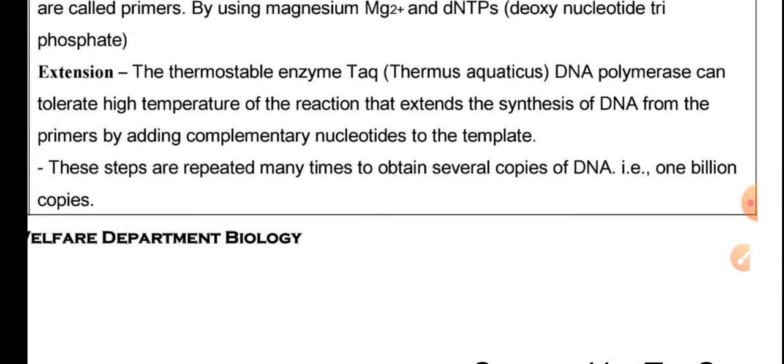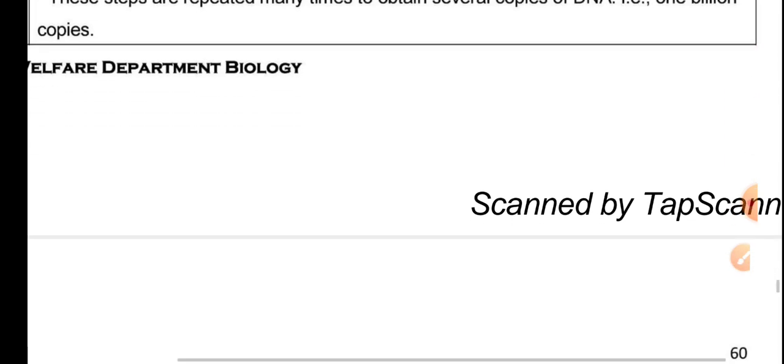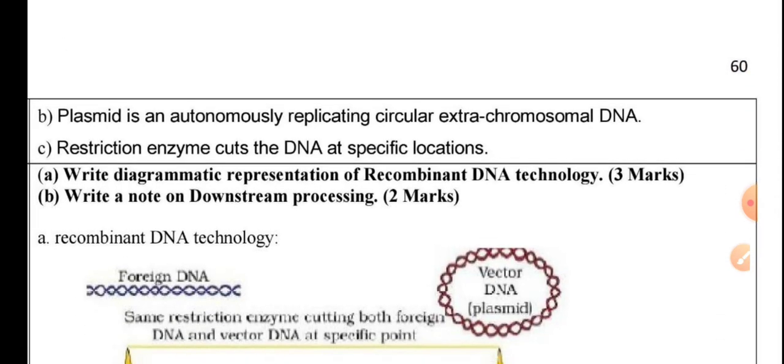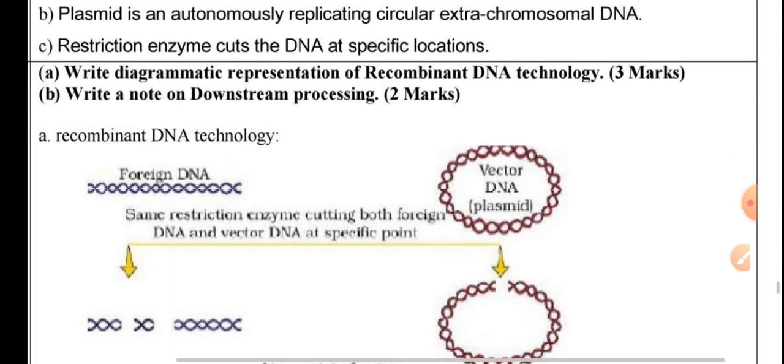These steps are repeated many times to obtain several copies of DNA, that is 1 billion copies. Then, a plasmid is an autonomously replicating circular extrachromosomal DNA. Restriction enzymes cut the DNA at specific locations.